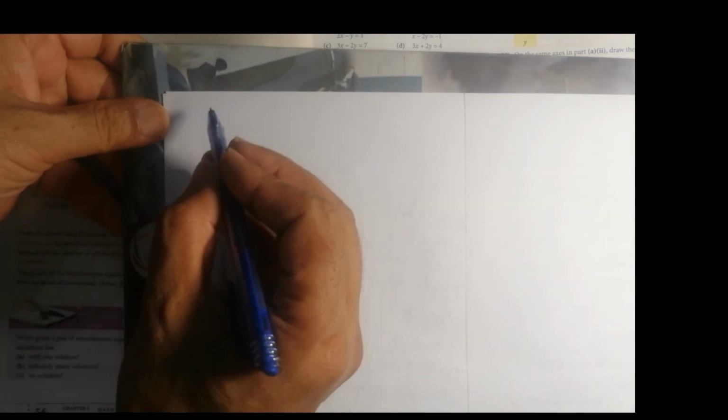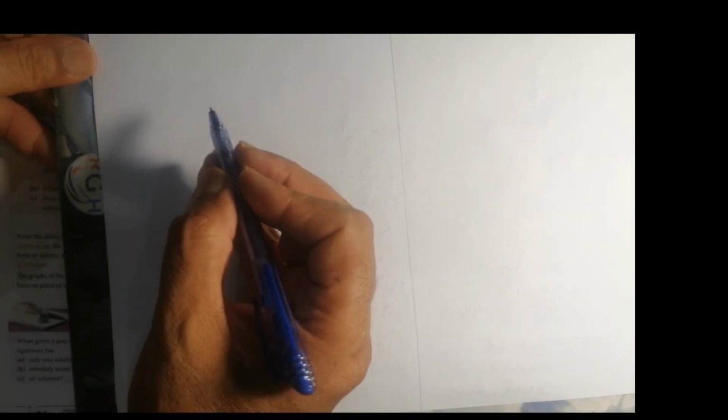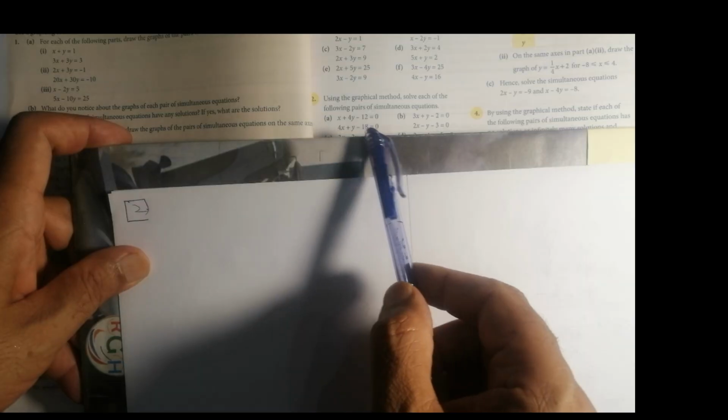Now exercise 2b, question number 2. Question number 2 is exactly the same as what we did in question number 1: using the graphical method, solve each of the following pairs of simultaneous equations. Even the heading and the statement of the question are the same. There is no difference.